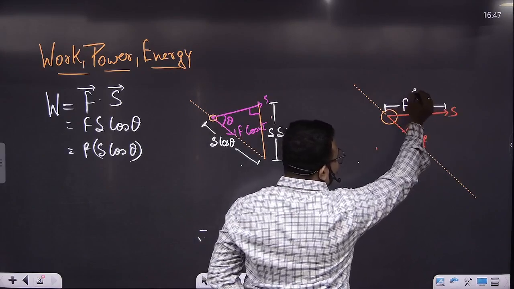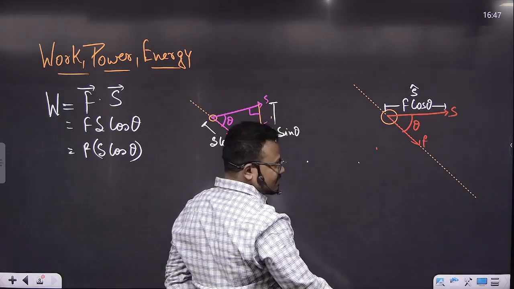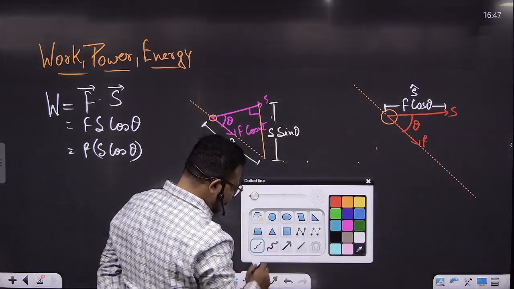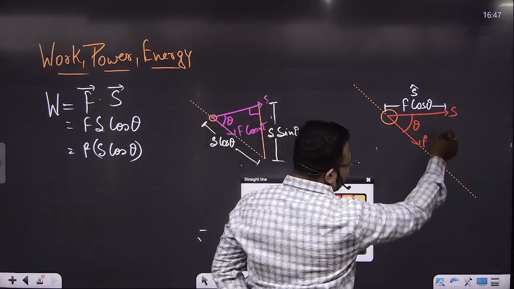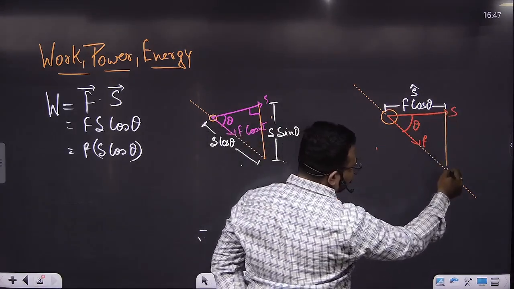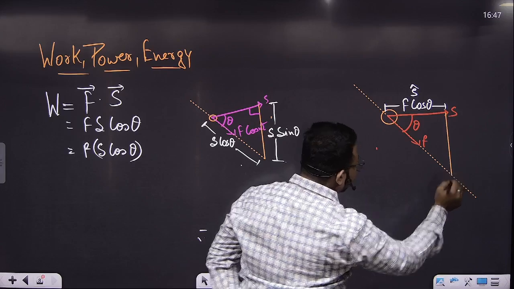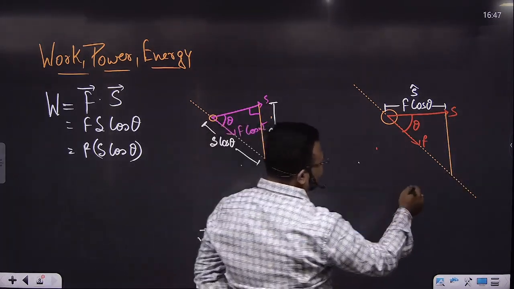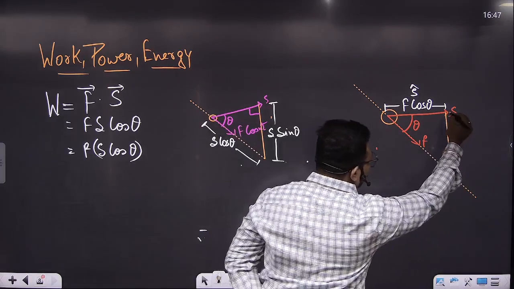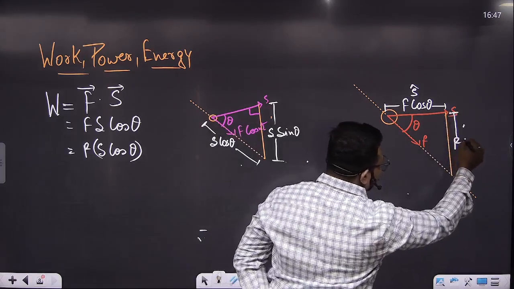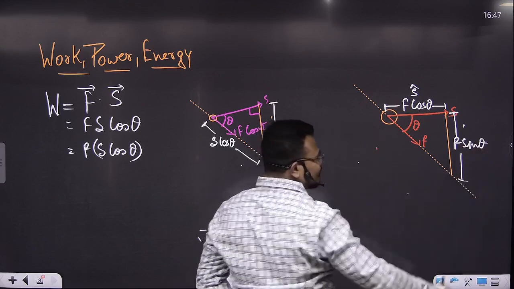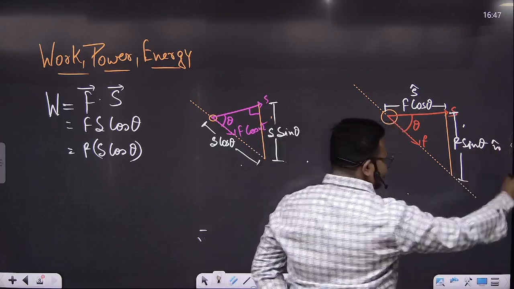Along the unit vector of S, and again I am drawing a perpendicular line from here, so this will become F sin theta, which is a null vector like this.